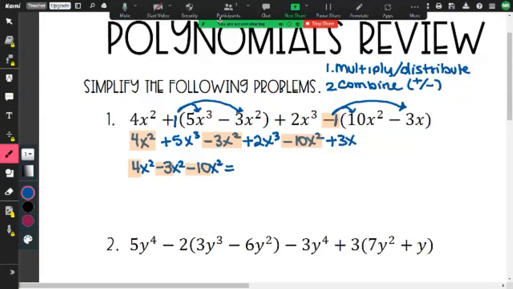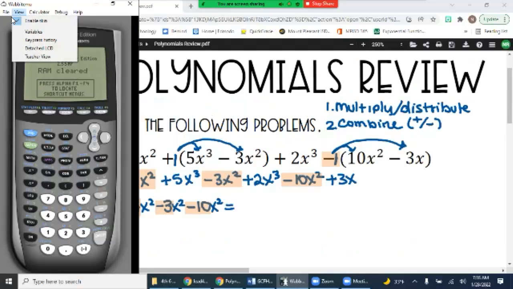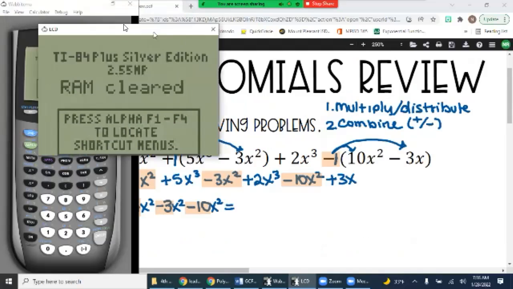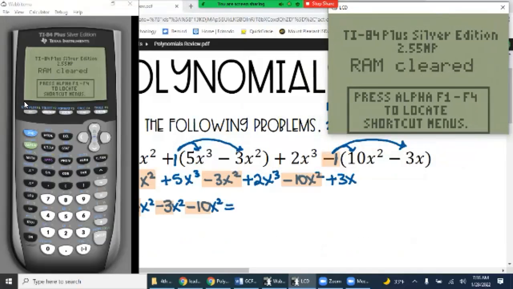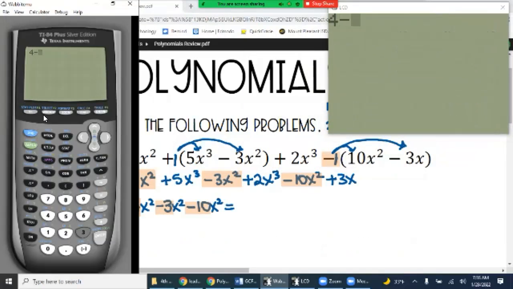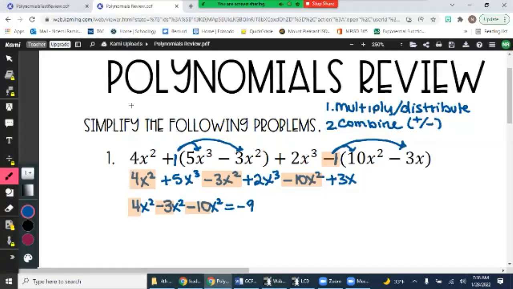If there's more than one term to combine, you could always type that into your calculator. For those of my friends that don't know the difference between a minus and a negative, just treat everything as a negative and add those, and you still get your negative 9. So negative 9x squared. Remember, if you are combining, the exponent does not change.